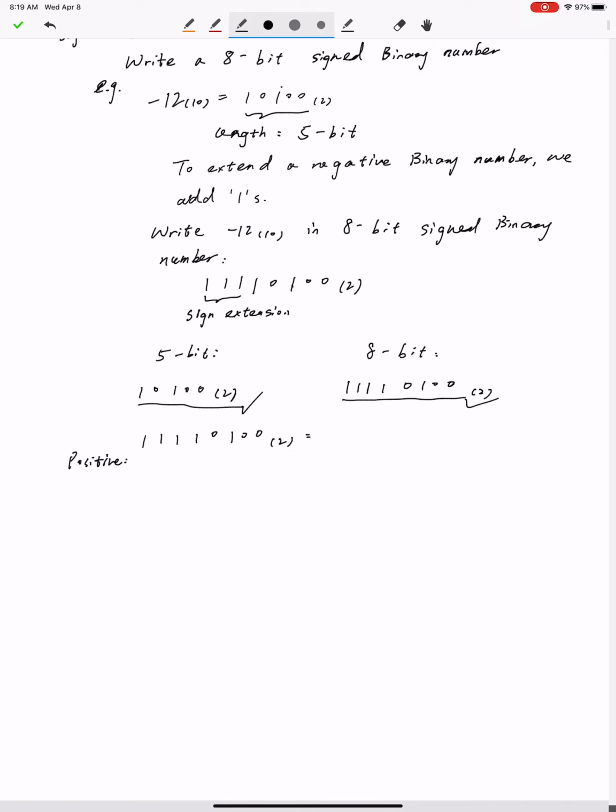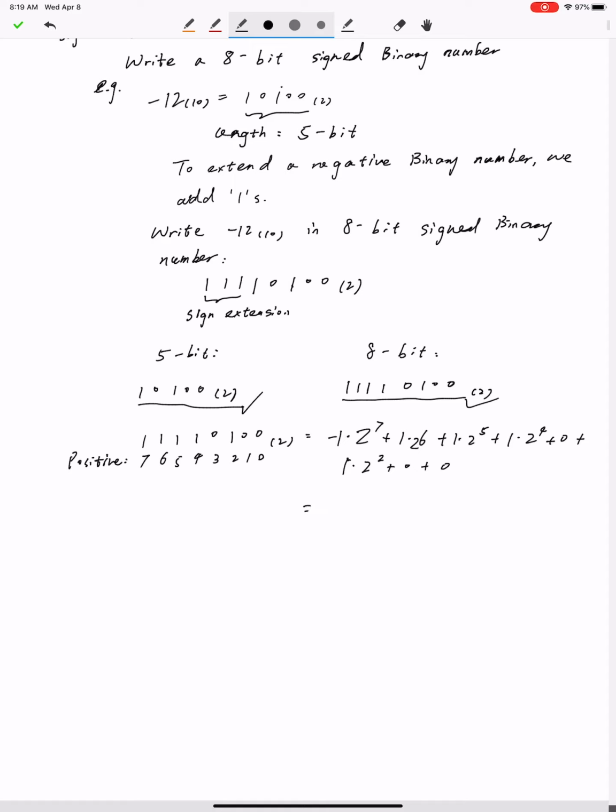So the positions of each digit are 0, 1, 2, 3, 4, 5, 6, 7. The first one represents minus 1 times 2 to the power 7, plus 1 times 2 to the power 6, plus 1 times 2 to the power 5, plus 1 times 2 to the power 4, plus 0, plus 1 times 2 to the power 2, plus 0, and plus 0.